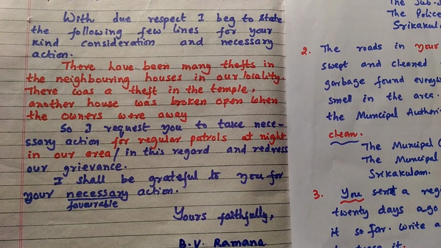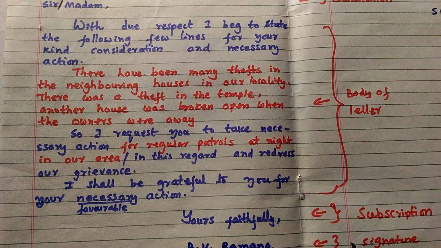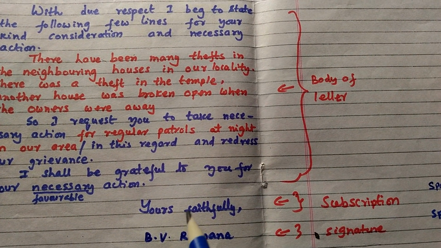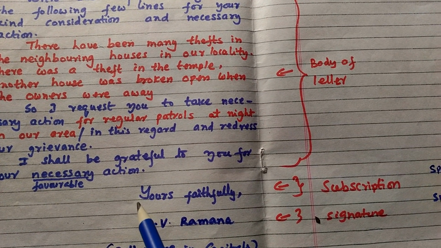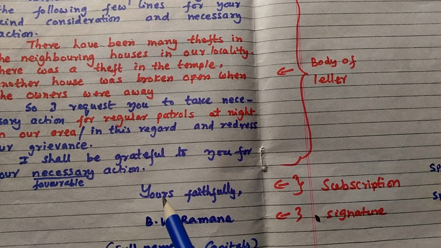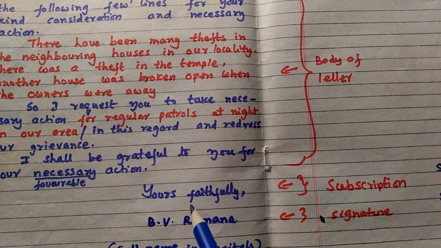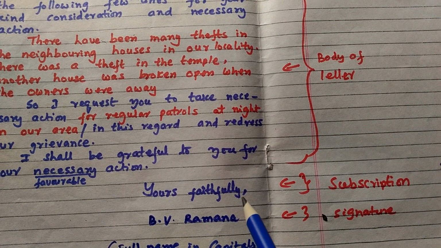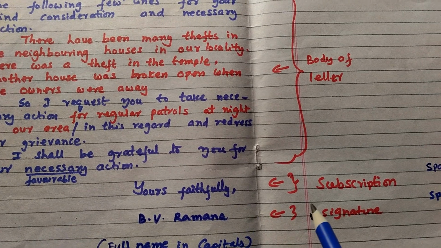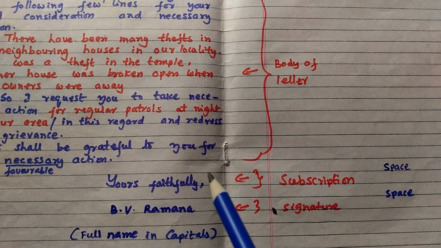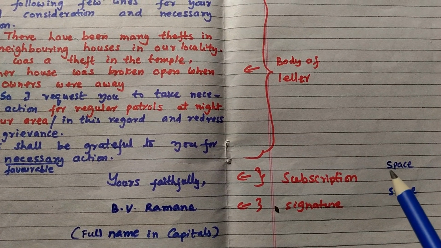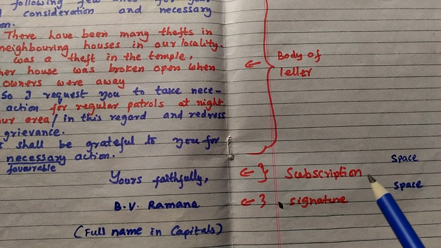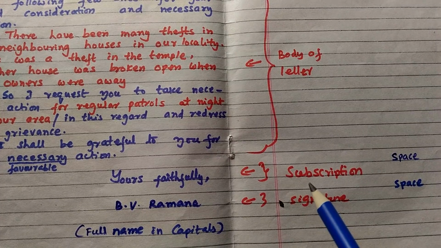That is the subscription. The subscription is "Yours faithfully." Here, Yours has a capital Y, there is no apostrophe, and faithfully has a small f, and we have to put a comma here. Immediately after the body of the letter, we have to give one line space, and then write the subscription.